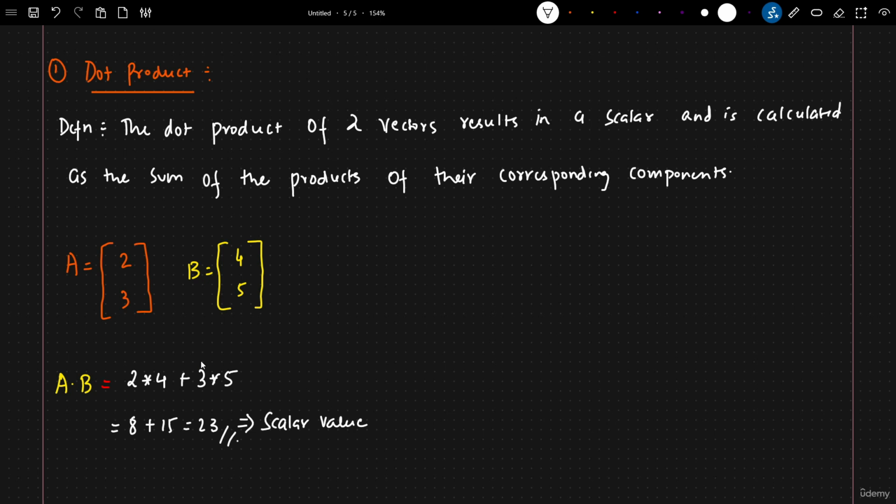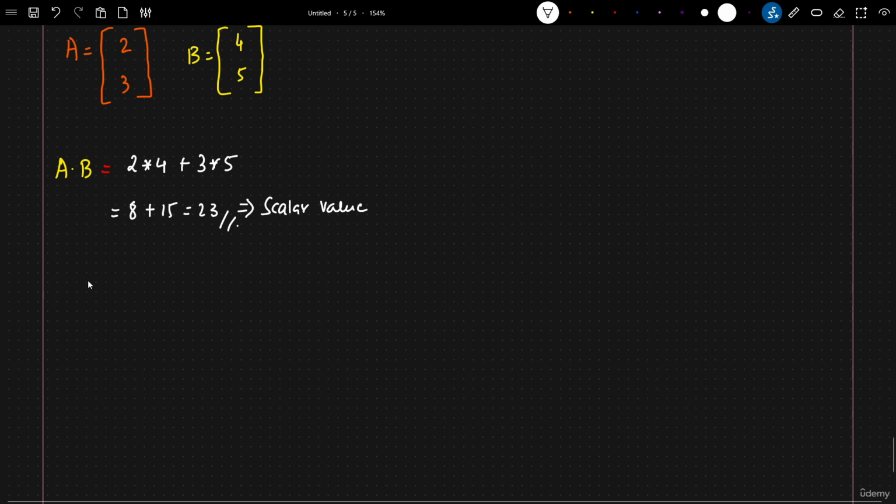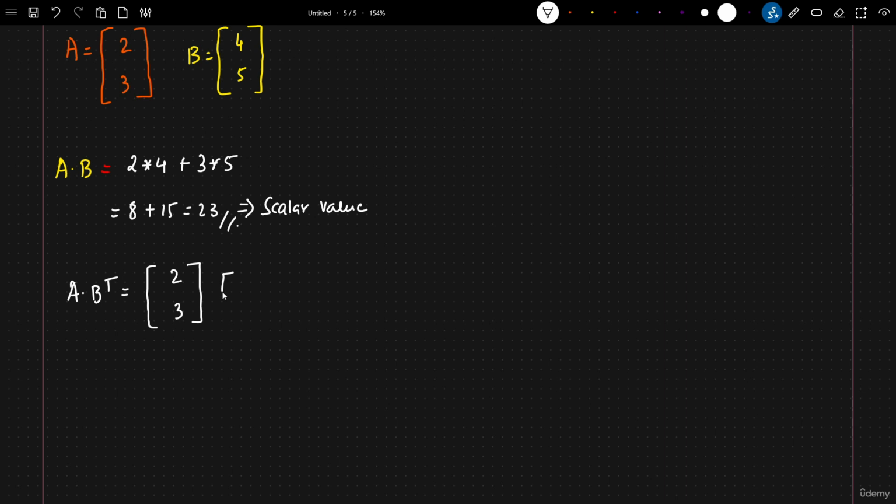Now, usually there is also one specific thing that comes into the picture. Let's say that if I take A dot product of B transpose, usually whenever we do this kind of operation, we have to take the transpose of the other vector. So let's say I am doing the transpose of this. The transpose of 4, 5 will be written horizontally, right?